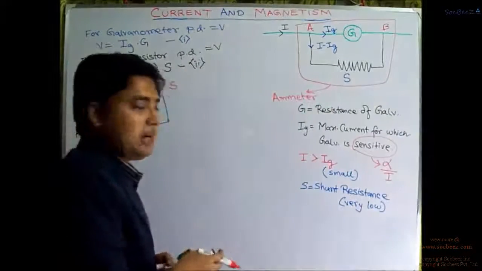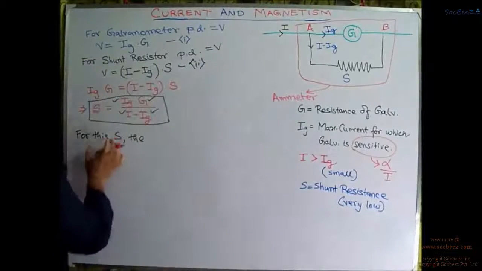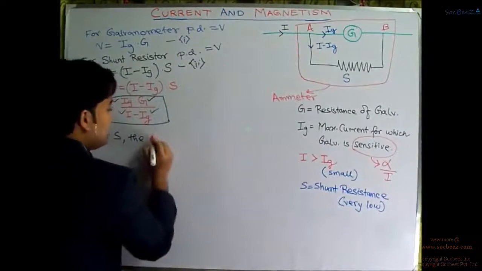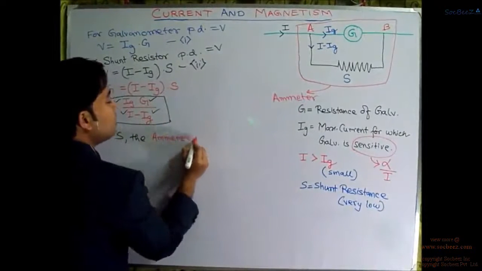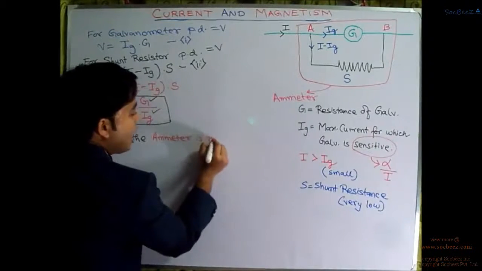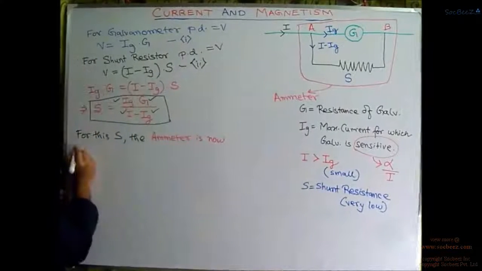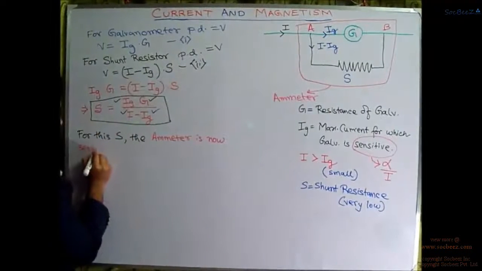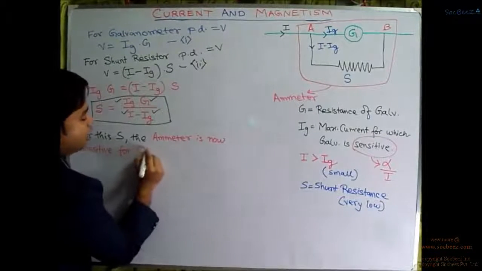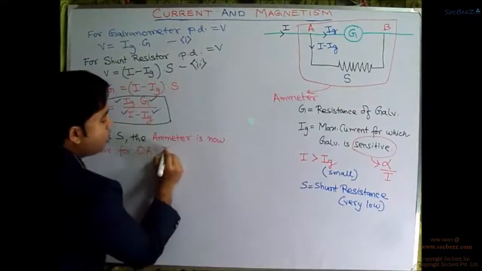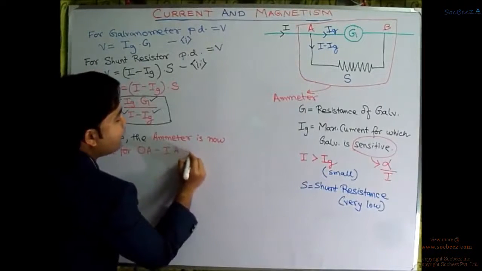Why it is an ammeter, we are coming to later on. So we can say that for this particular amount of S, the ammeter is now sensitive for 0 ampere to I ampere values.